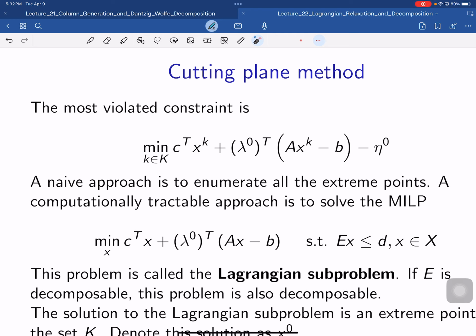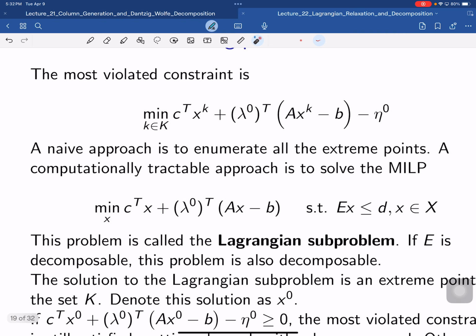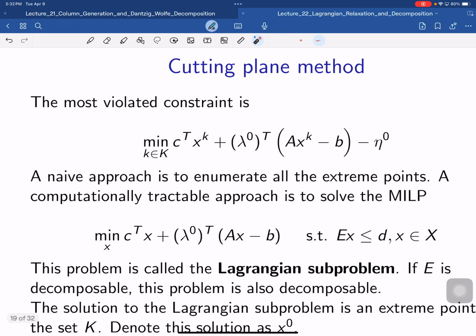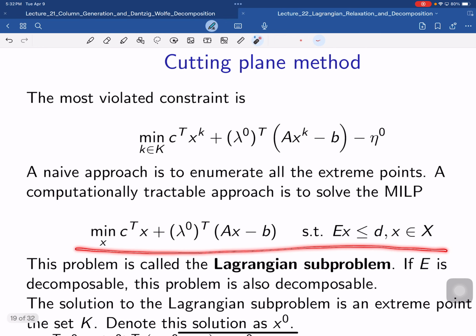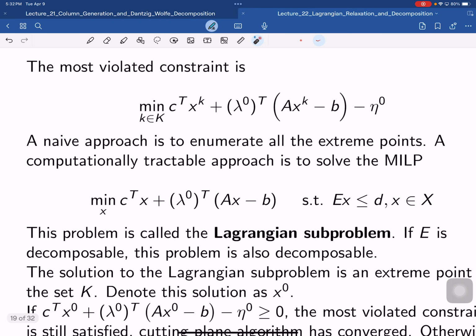So what you do is you solve the problem that gives you the maximum violation of the constraint, which is essentially this problem here. This is called the Lagrangian subproblem. And if these constraints are decomposable, then this Lagrangian subproblem is decomposable as well, right?